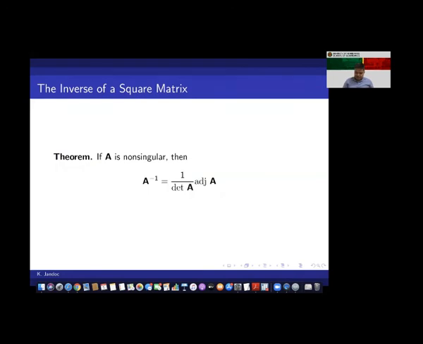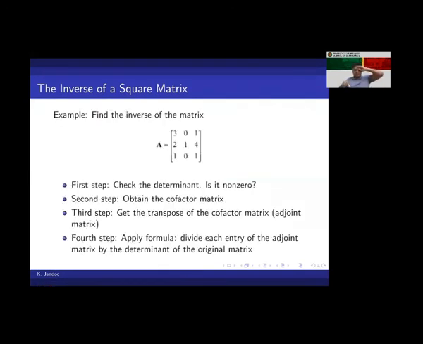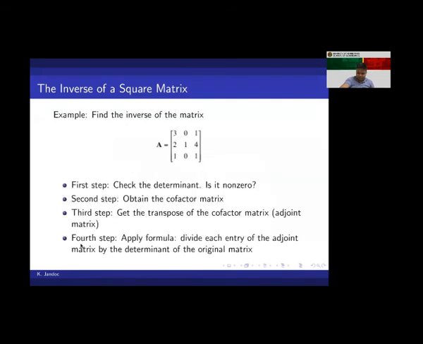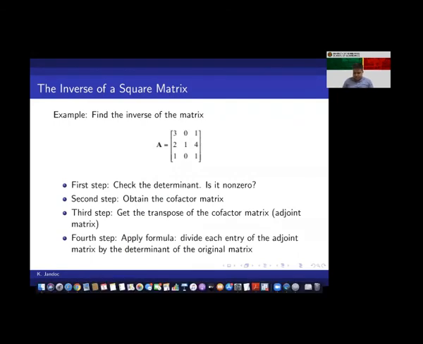So as an example, let's do this. Suppose you have this matrix A. This matrix is a 3 by 3 matrix with entries 3, 0, 1, 2, 1, 4, and 1, 0, 1. The first step is determining whether this matrix has an inverse.